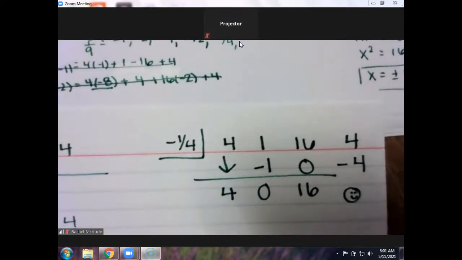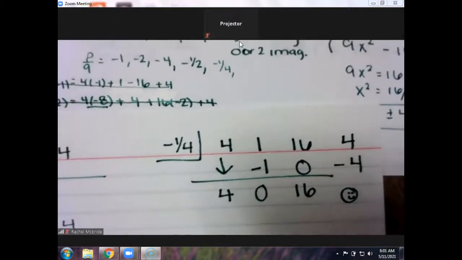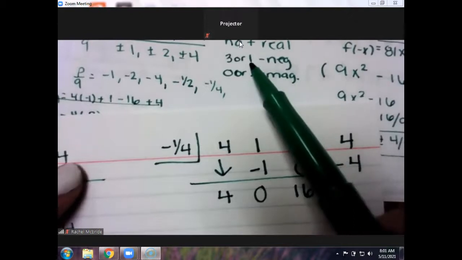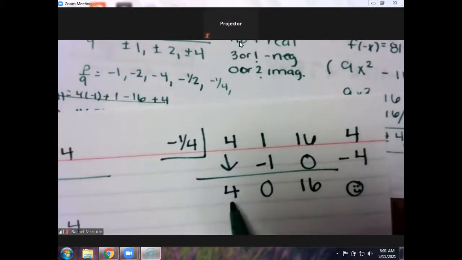And we notice that the last one does in fact work, which tells me that I have this case right here of 1 negative and 2 imaginary. These now represent the coefficients of my quadratic.